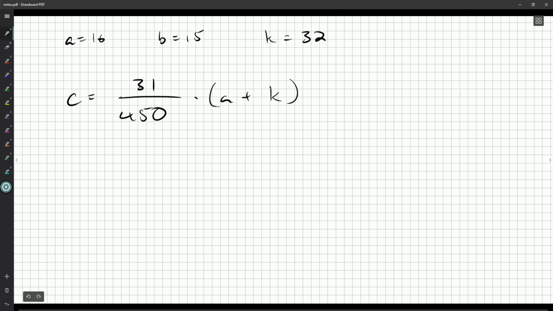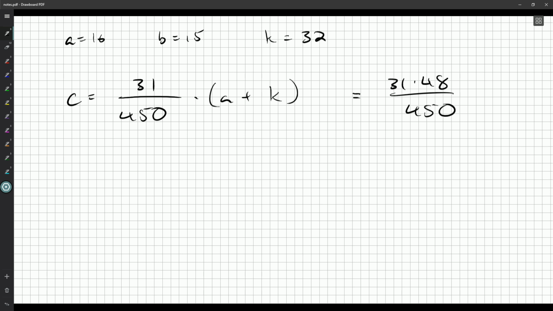And that adds up to 48. 48 divided by 2 is 24. 450 divided by 2 is 225. There's no other factors I can get rid of.